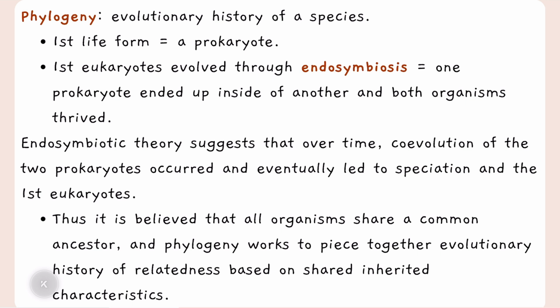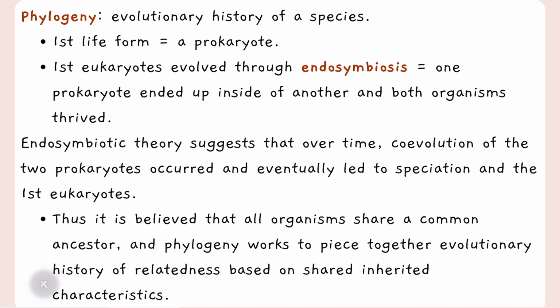They think that the prokaryote that went inside of the other one ended up being organelles, those membrane-bound organelles like we talked about that were specific to eukaryotes that prokaryotes didn't have, like mitochondria and chloroplasts and things on that line. So the endosymbiotic theory suggests that over time, coevolution of those 2 prokaryotes occurred and eventually led to speciation of different types of eukaryotes away from prokaryotes.